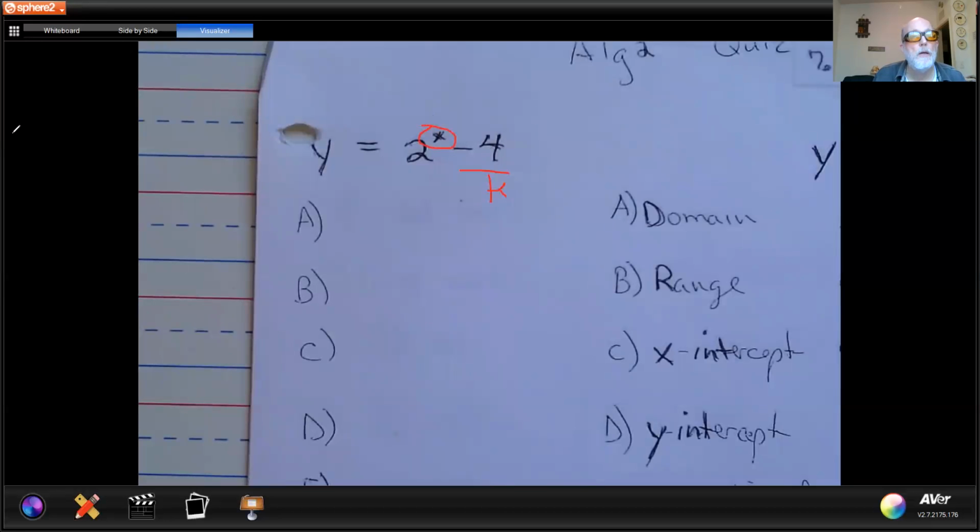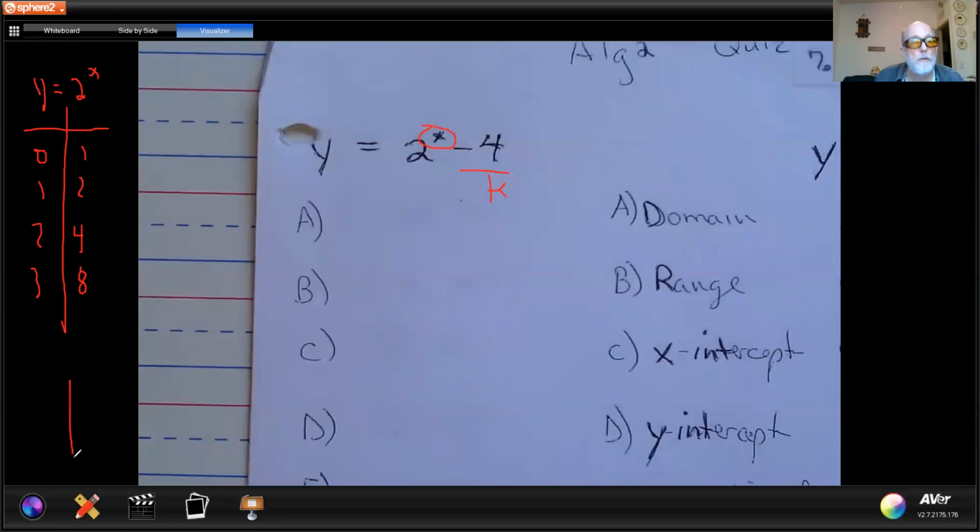So if I have the normal graph, oh, I wish I hadn't erased everything. If I had the normal graph, y equals 2 to the x, we still have all these values, 1, 2, and 1, 2, 4, 8, right? And my graph looked like this. Where's my blue?